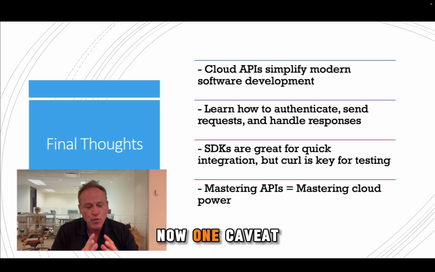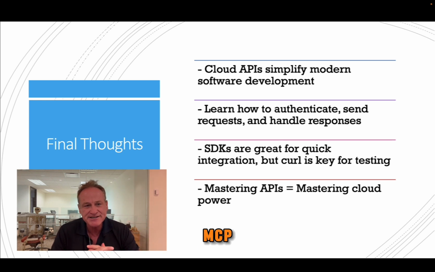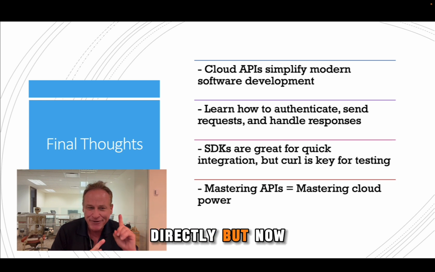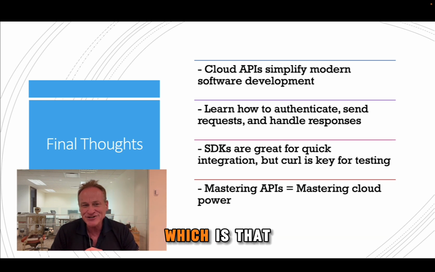Now, one caveat to that is Model Context Protocol, MCP. MCP is a way to avoid using the APIs, a way for tools to communicate with the LLMs directly. But there is a caveat to that, which is that MCP really is an API.